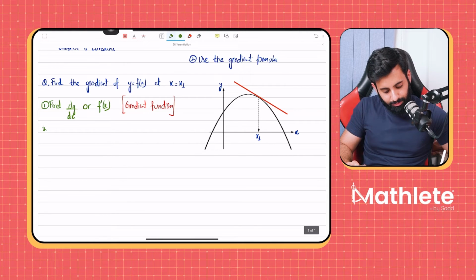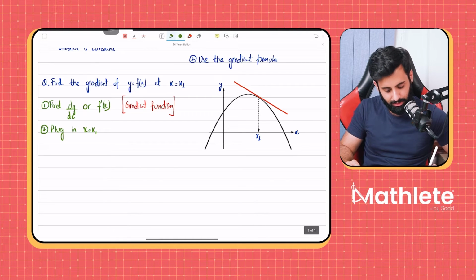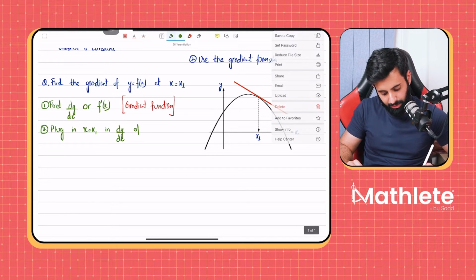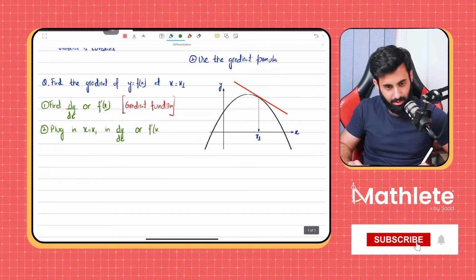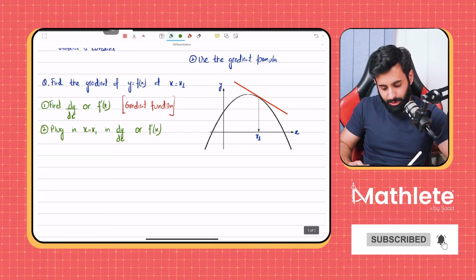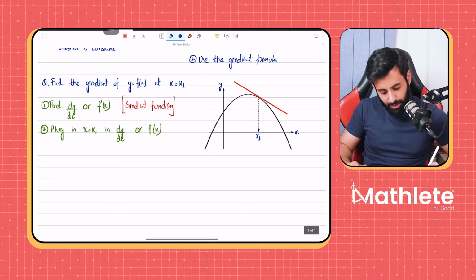Then comes step 2. Step 2 is plug in x equals x1 in dy upon dx or f prime of x. Okay. Then you end up with a certain value. When you plug in the value of x in a certain equation, you end up with a certain value.